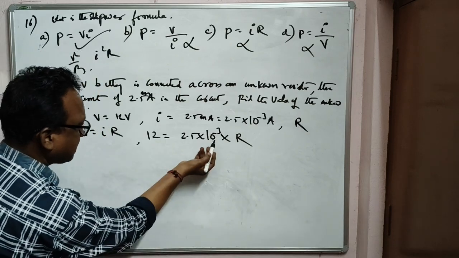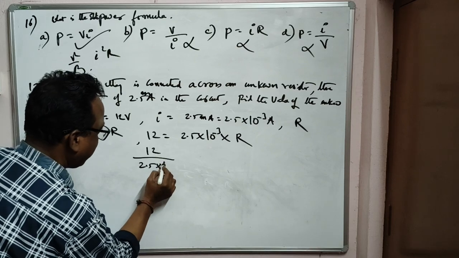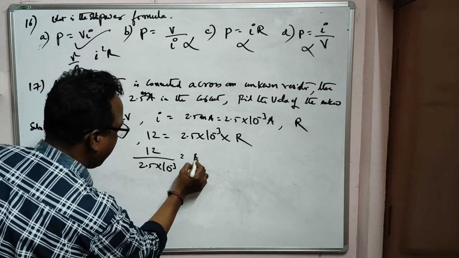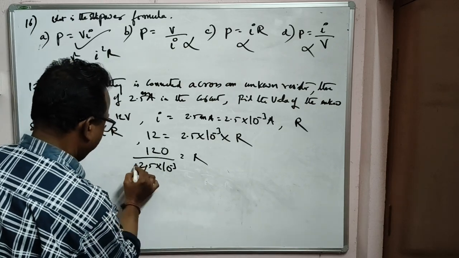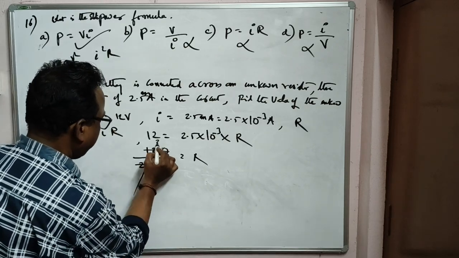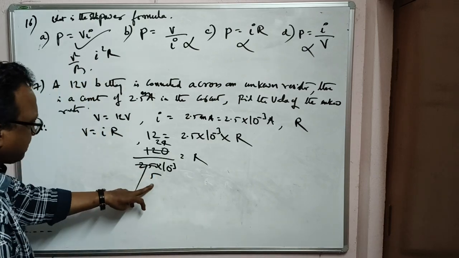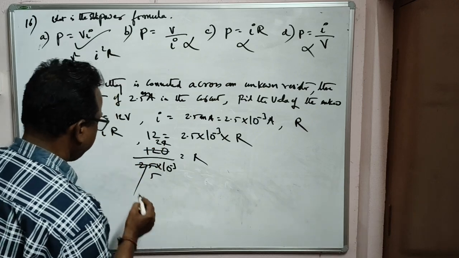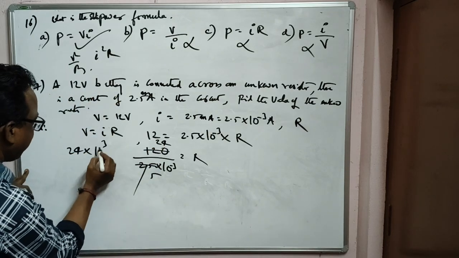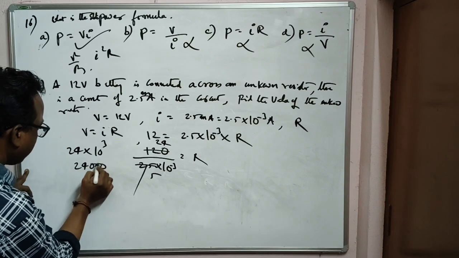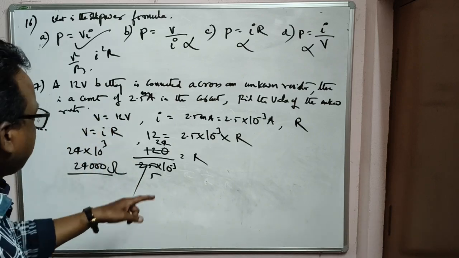So now 12 by 2.5 into 10 power minus 3 is equal to R. Take this point, put it to the top. 5 5s are 25, 5 2s are 10, 5 4s are 20. So 24; take 10 to the minus 3 to the top as plus 3. 2400. How much did you get? 24,000 ohms.